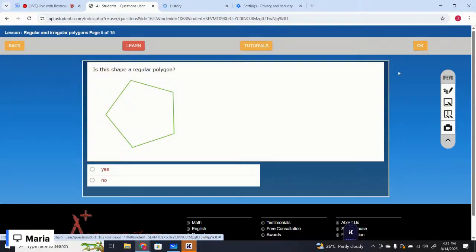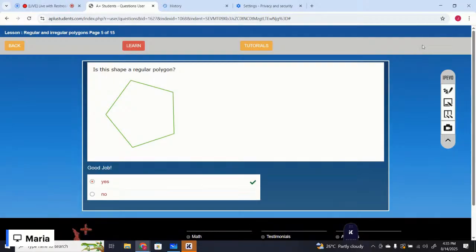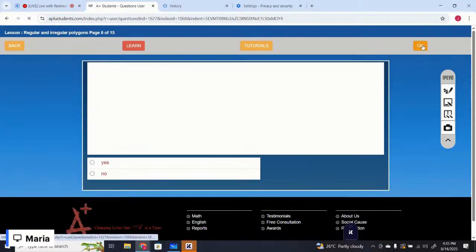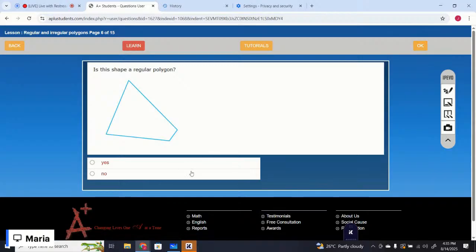Is this shape a regular polygon? Yes, it is a regular polygon. Is this shape a regular polygon? No, that is not a regular polygon.